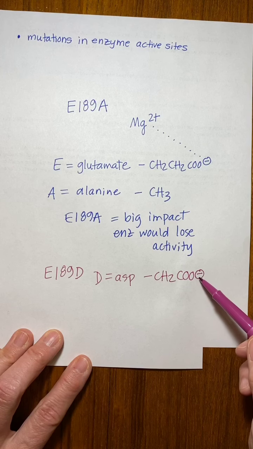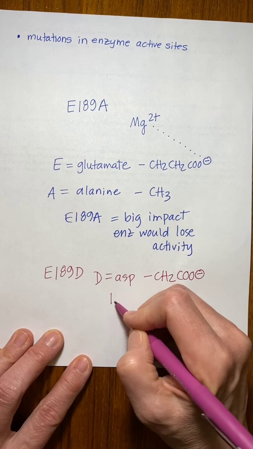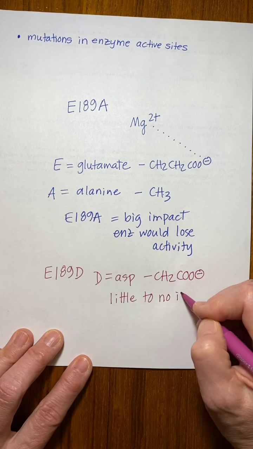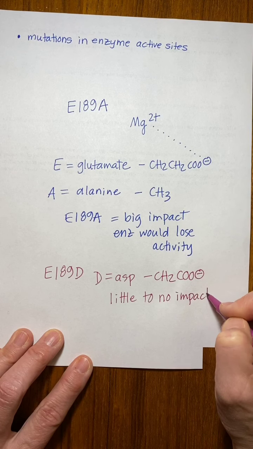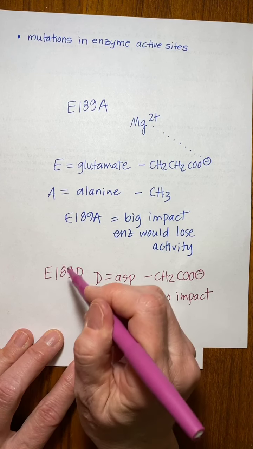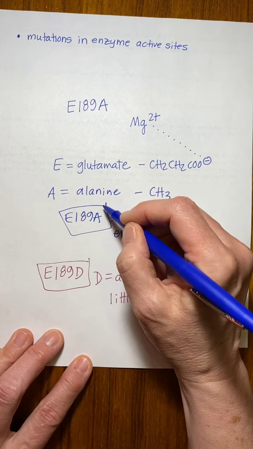So most likely this would be able to coordinately bond to the magnesium 2+ ion, and this would have little to no impact. This enzyme with this mutation should be almost as active as the normal enzyme. So this one would be an okay mutation. This would be a bad mutation.